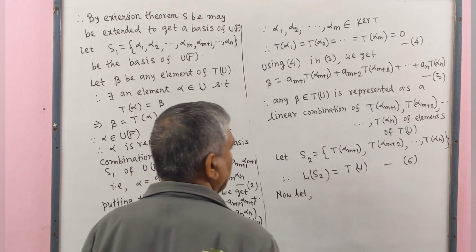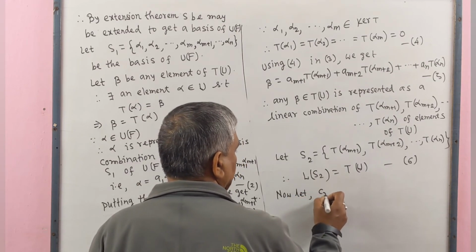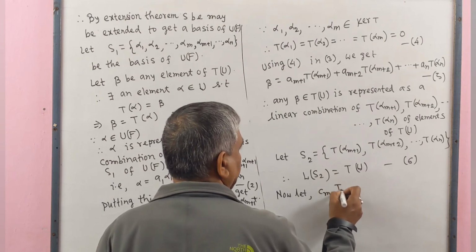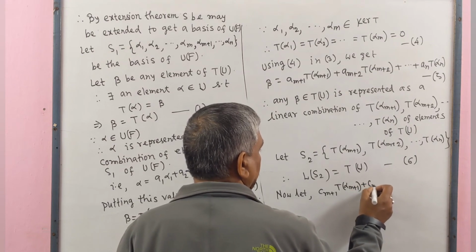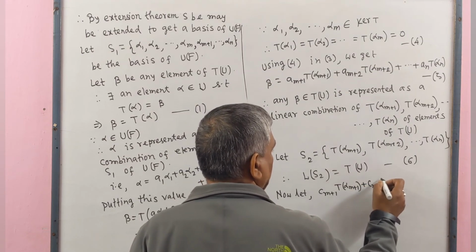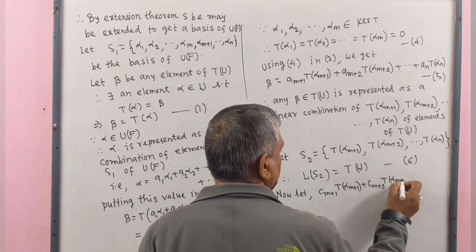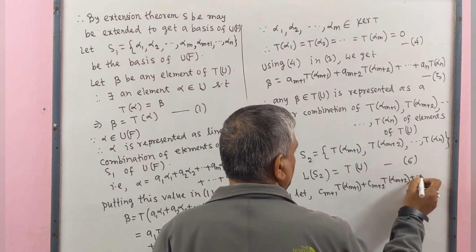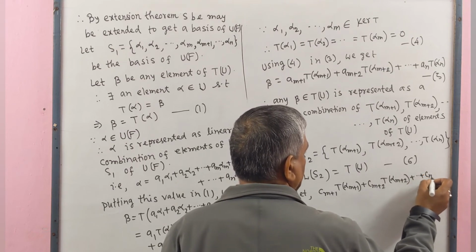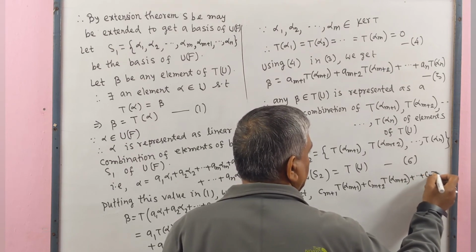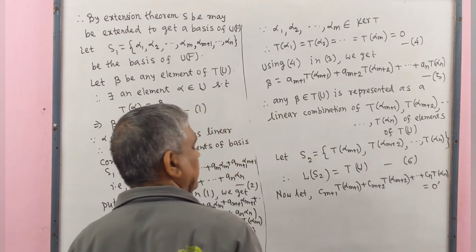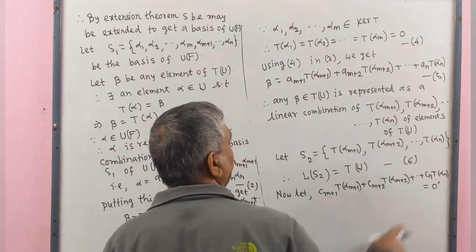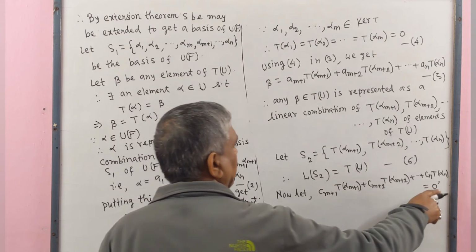Now let c(m+1) T alpha (m+1) plus c(m+2) T alpha (m+2) plus ... plus cn T alpha n equal the zero vector, meaning the zero vector of V(F).